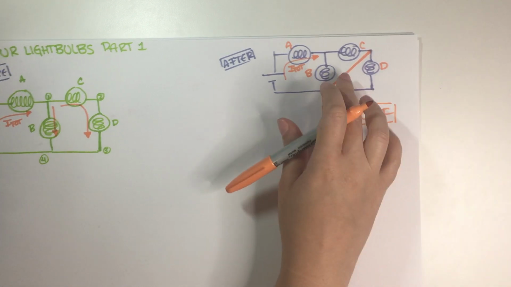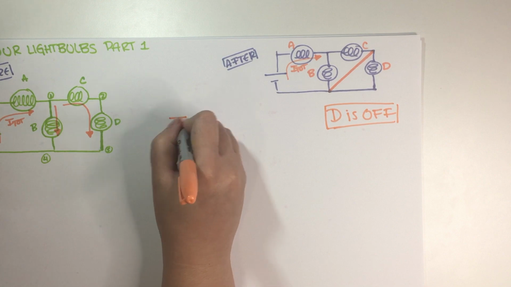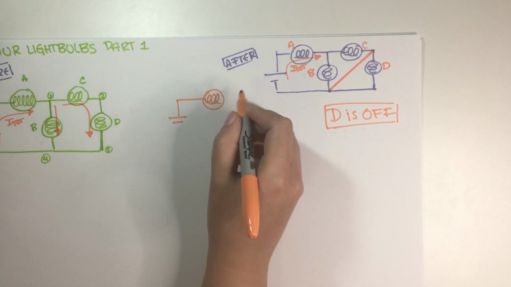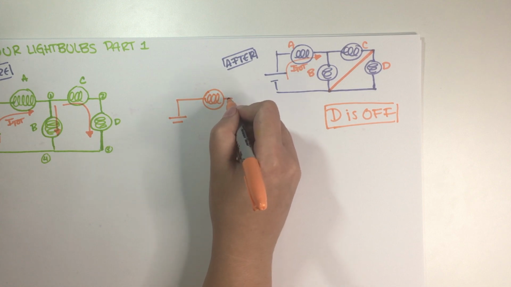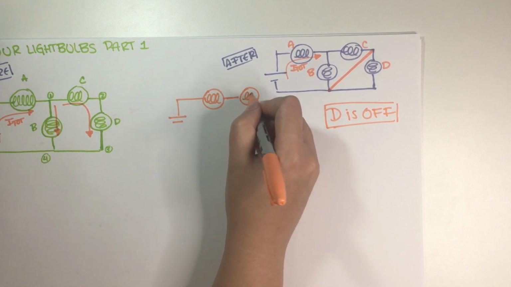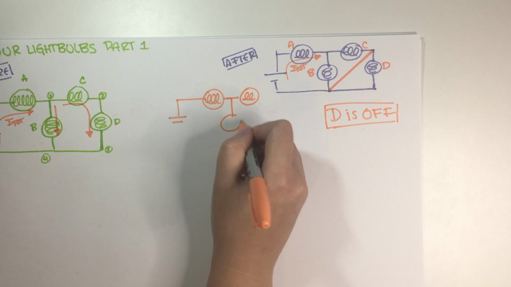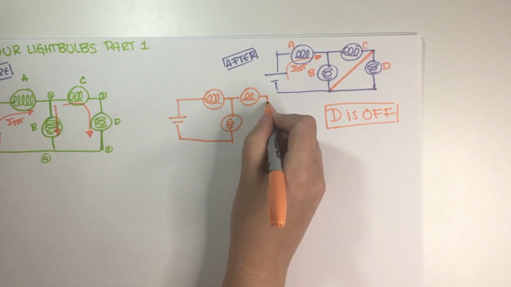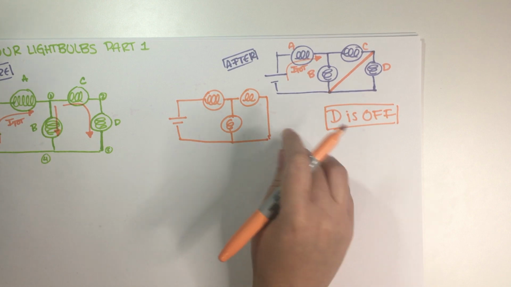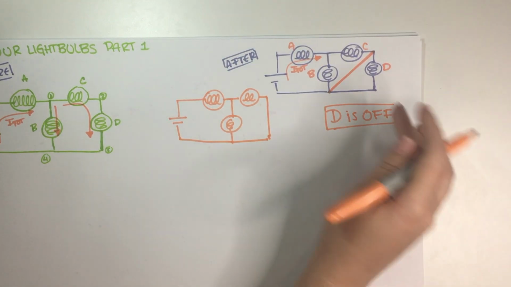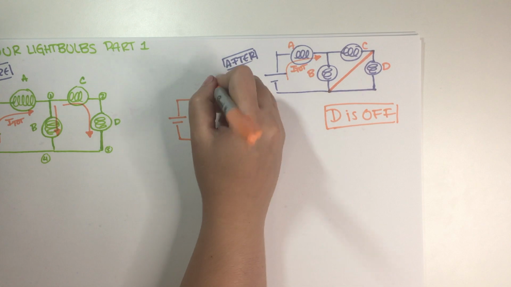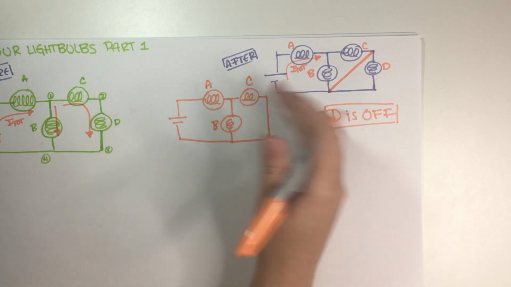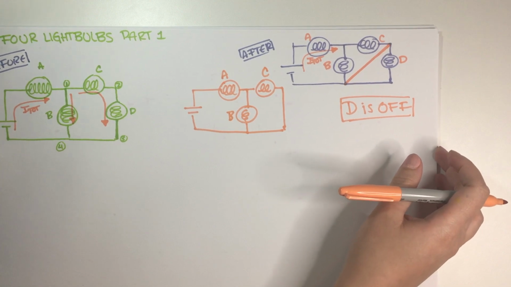So our new circuit, if we can redraw it, would look like this. Because D is not even turned on, an equivalent circuit would be to just have the 3 light bulbs that are still on.